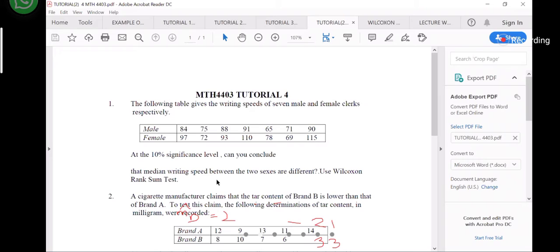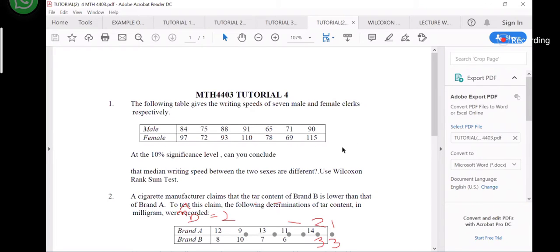For two independent samples, to test the difference between two population medians, I have to use the Mann-Whitney test statistic. There are two techniques to do that. The first technique is you compare the number of X to the left of Y, and the number of Y to the left of X, and then count.